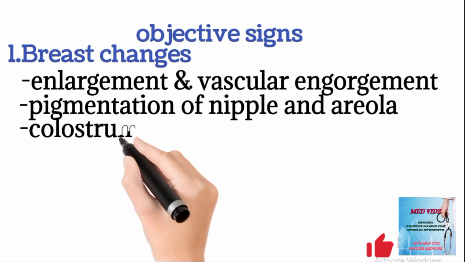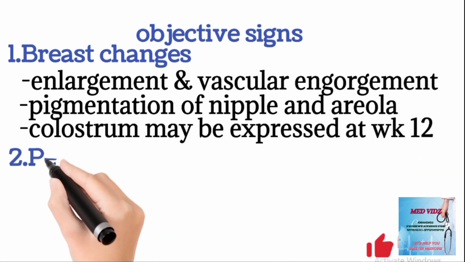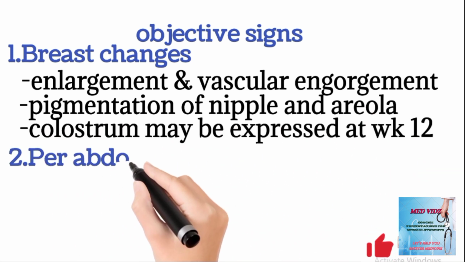You have pigmentation of the nipple and areola as they become darker than the usual color tone they had. And then you have colostrum that may be expressed at around the 12th week.